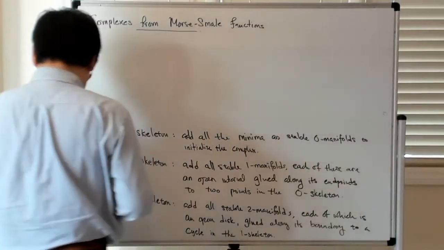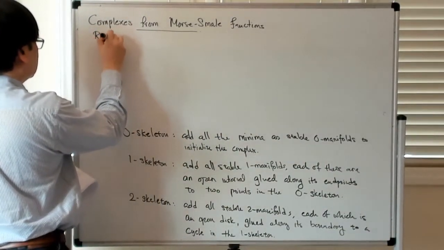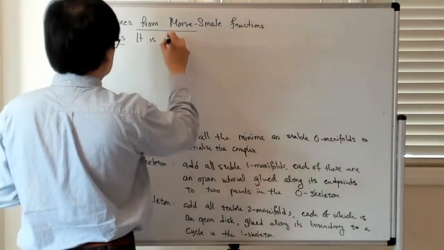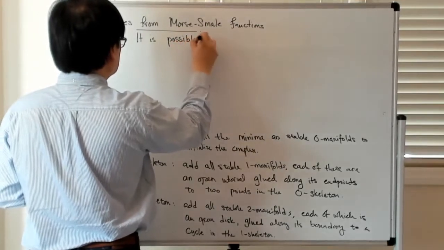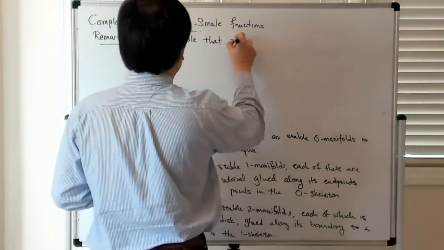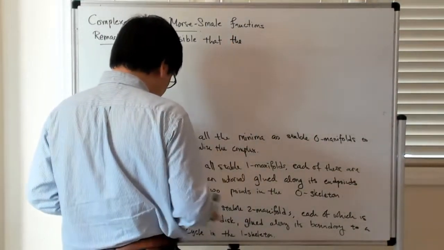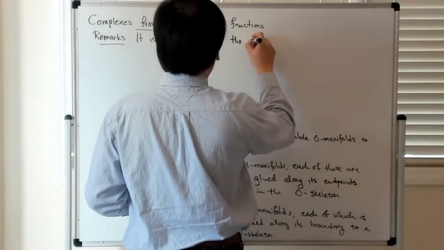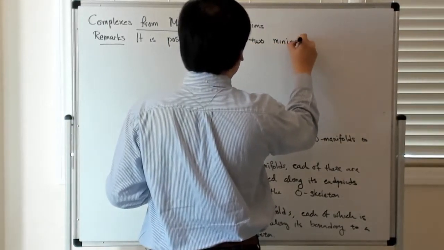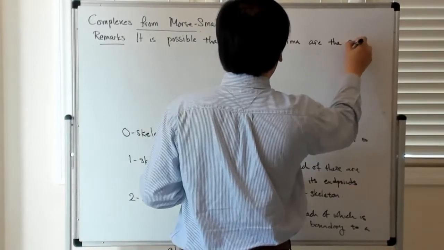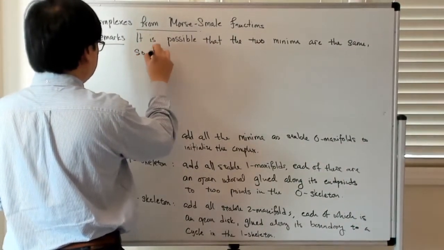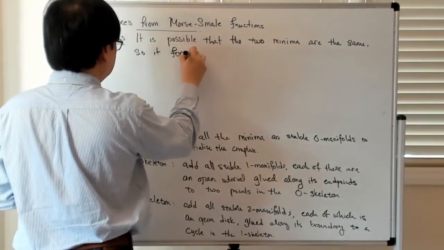It is possible that the two minima where you add these stable one manifolds are the same, so it forms a loop.